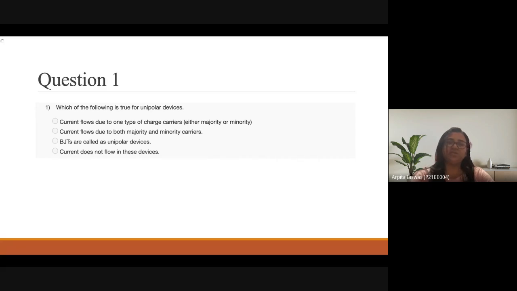Option D: current does not flow in these devices. Go through the question carefully and try to give the right answer. There's no hurry, you can take your time, but at least try, all of you.